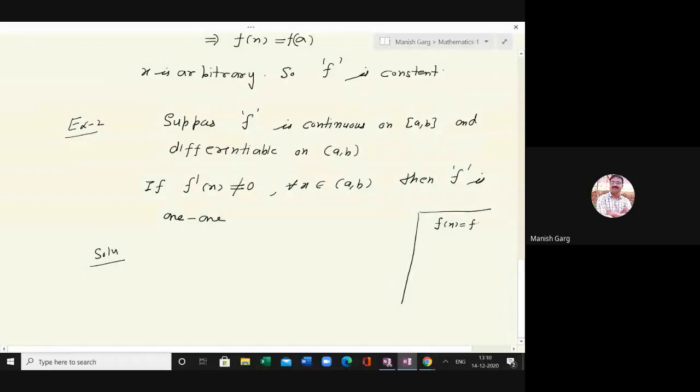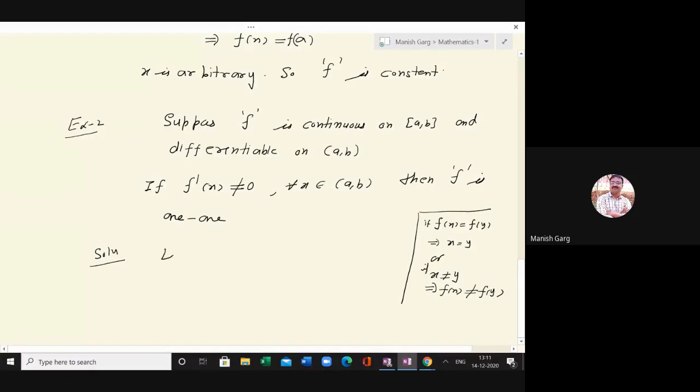You can prove that f(x) equal to f(y) implies x is equal to y. Or you can prove that if x is not equal to y, then f(x) is not equal to f(y).